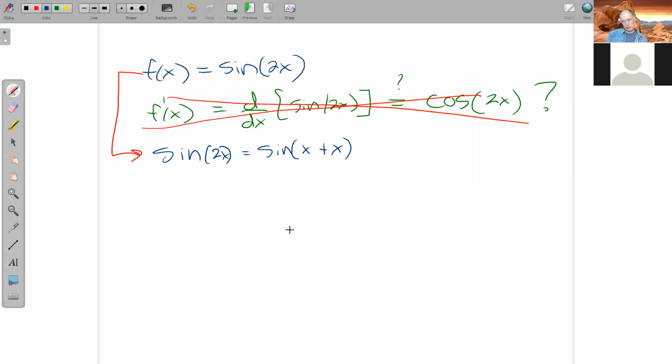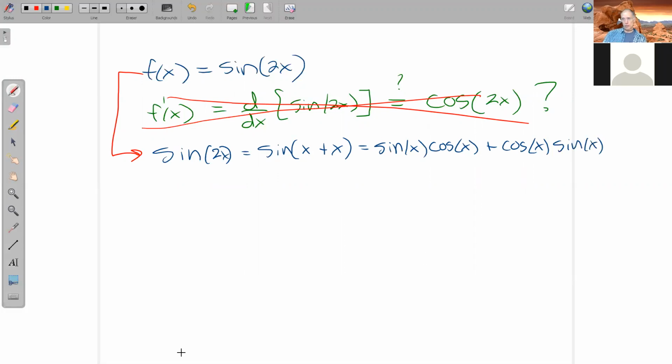And then I can use the angle sum formula to rewrite this. So angle sum for sine, that is sine of the first angle times the cosine of the second angle plus cosine of the first angle times sine of the second angle.